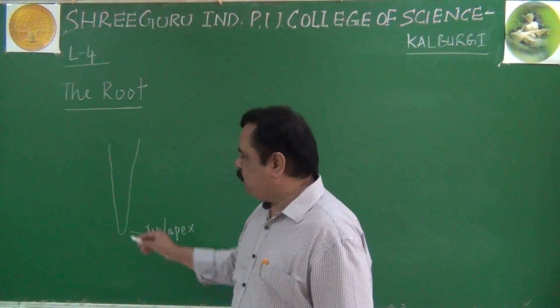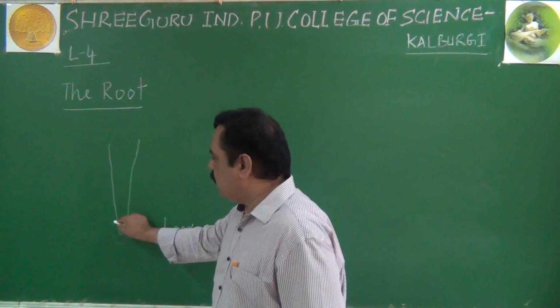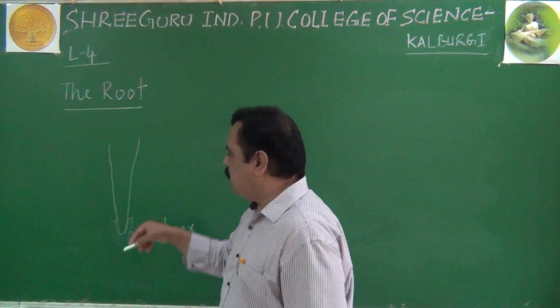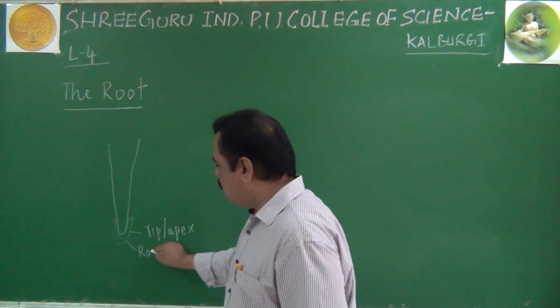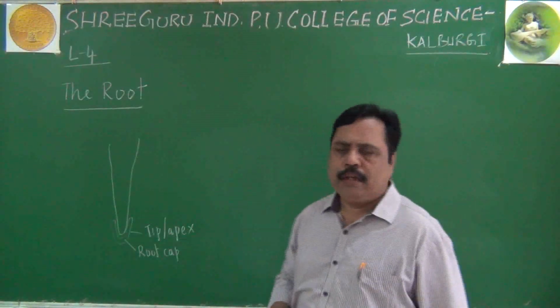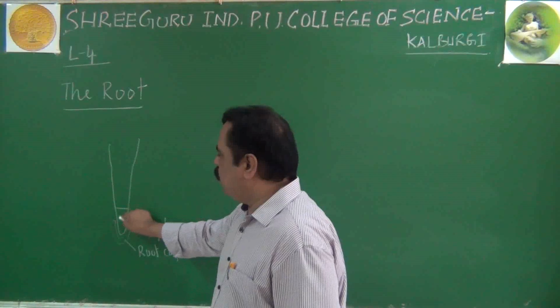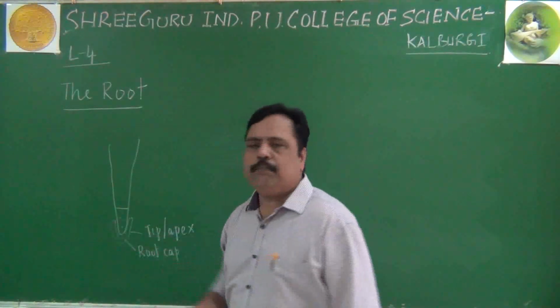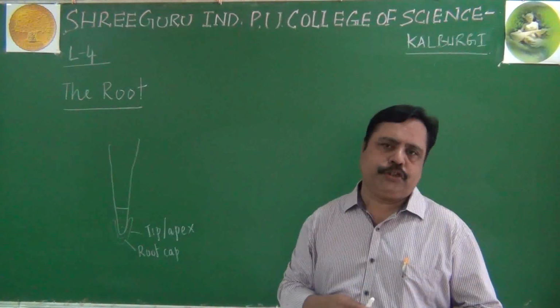In this apex, we come across a thimble-like structure, a covering. This covering is called root cap. Remember this point, it is called root cap. This root cap will be protecting one area known as region of meristematic tissue.